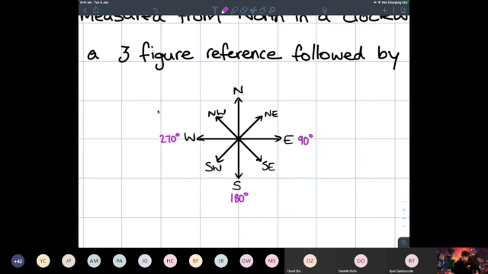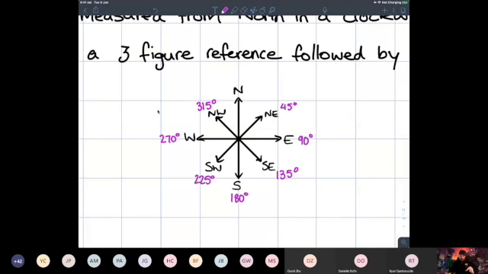Northeast, southeast, southwest, northwest, they're all exactly halfway. So I know northeast is 45 degrees. 45 plus 90 gives me 135 degrees. So southeast is on a bearing of 135. Southwest, 180 plus 45 gives me 225. And northwest is then on a bearing of 315 degrees.